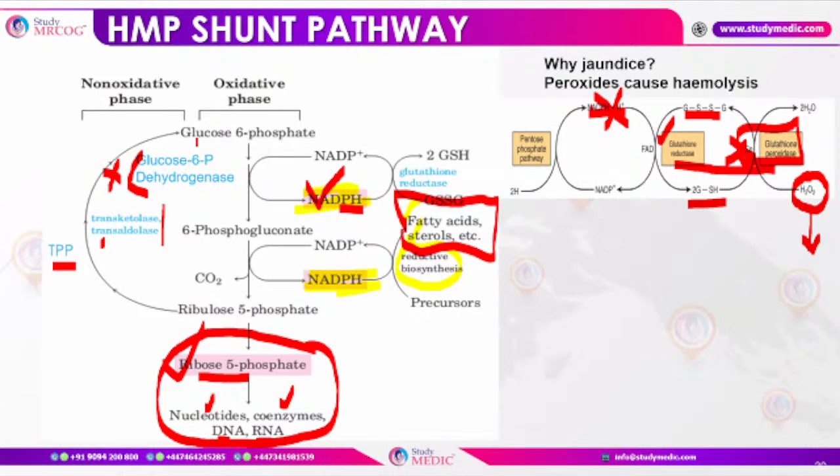Because if glucose 6-phosphate dehydrogenase is not available, due to congenital deficiency of this enzyme, NADPH is not produced, and then toxic levels of free radicals can accumulate, causing hemolysis leading to jaundice.